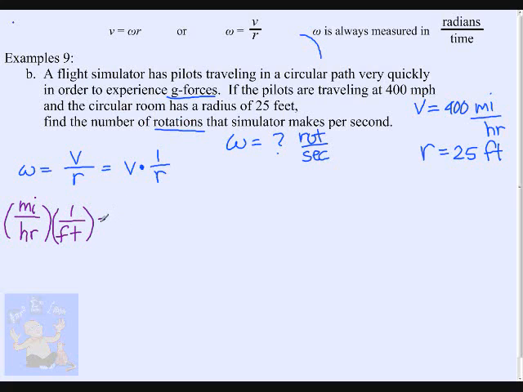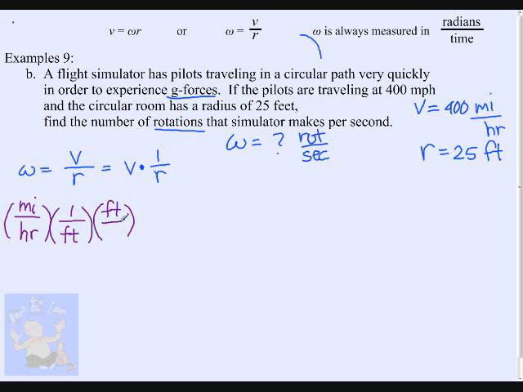So let's get it all into feet, which means I'm going to have to write that 1 over feet. I'm going to have to get miles into feet, which is easy enough. I'll do feet here.